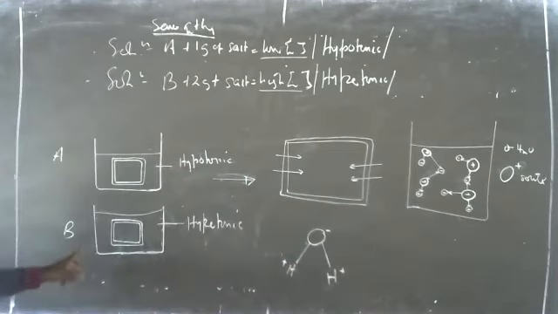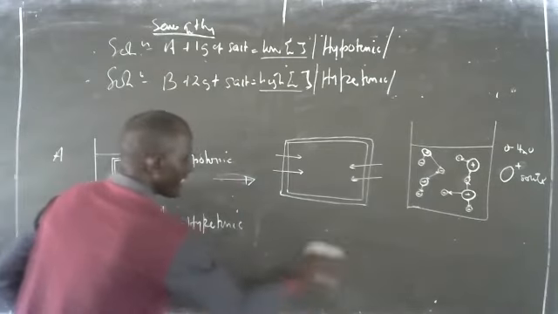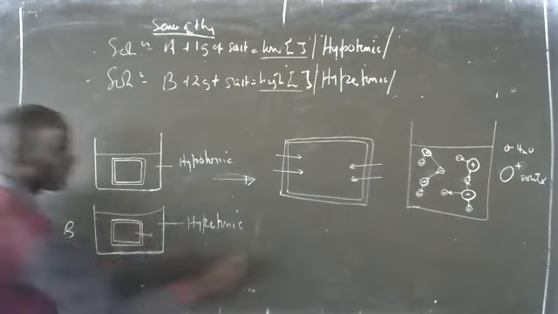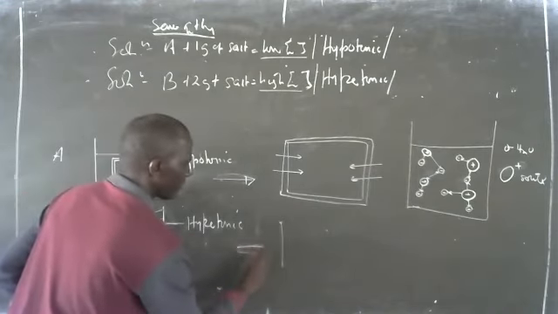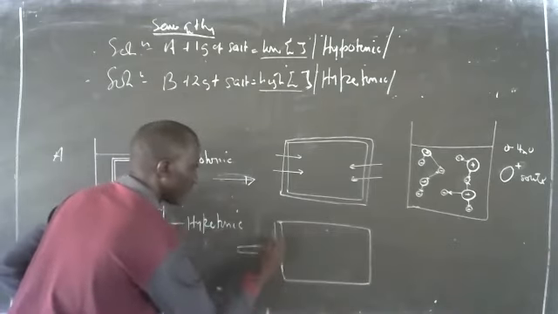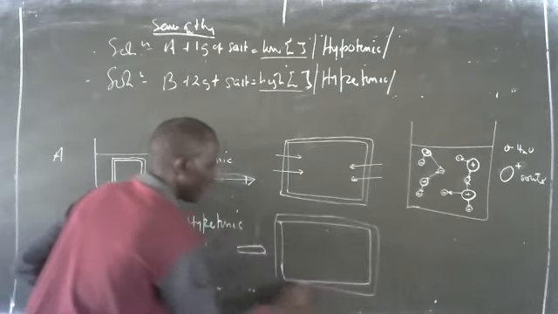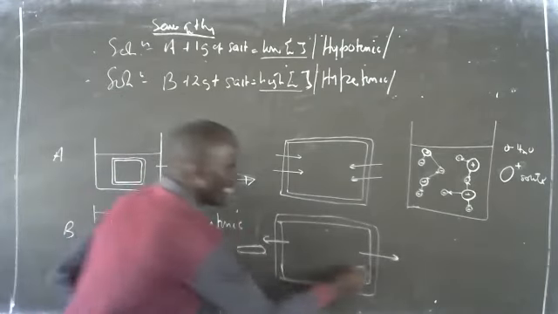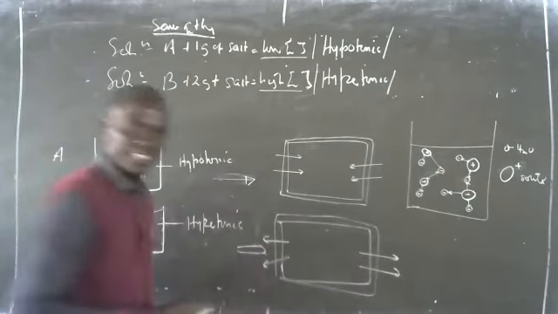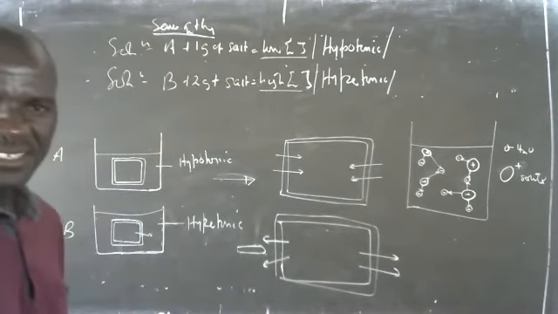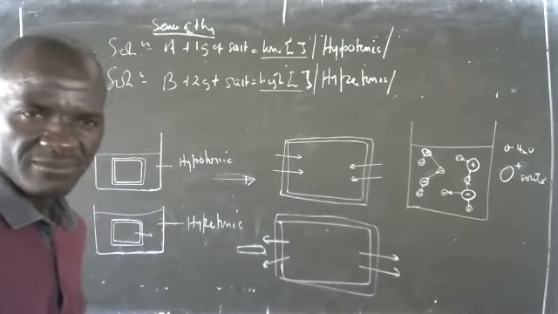Now, when you come to this solution B, where water molecules will be diffusing out, that means that the solution outside the cell has a low concentration.